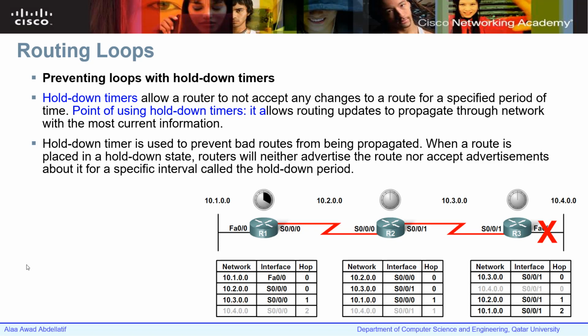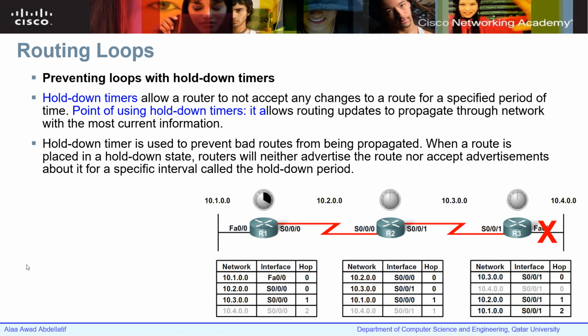So R2 will send periodic updates, and I would add it again. To avoid this, I will put it on hold. So when I receive new information from R2, for example saying that this link is still reachable, I will not update my entry, because I put this in hold because I know this is unreachable.